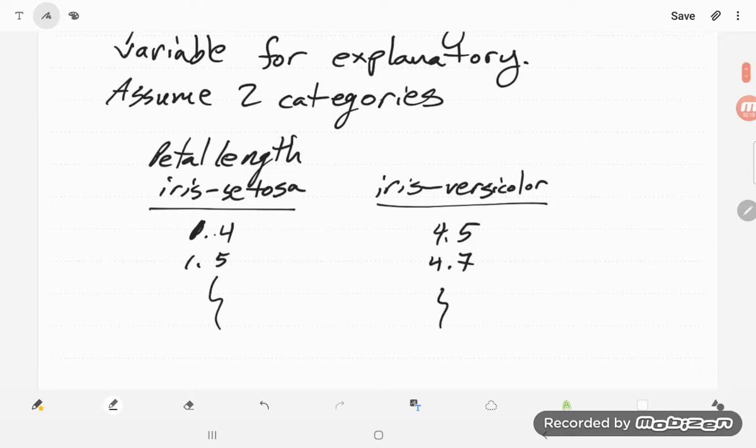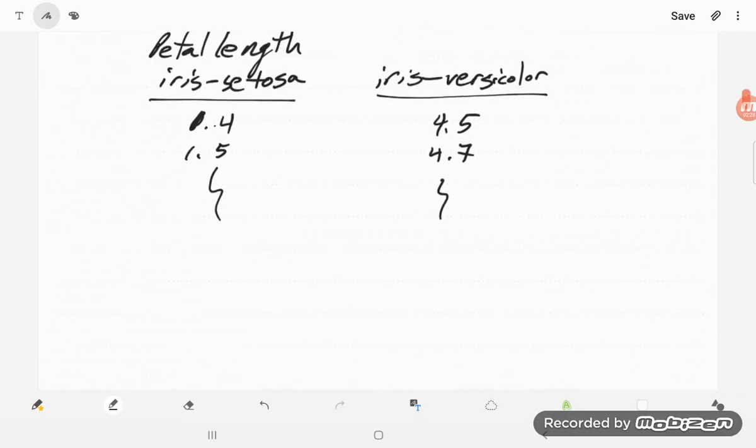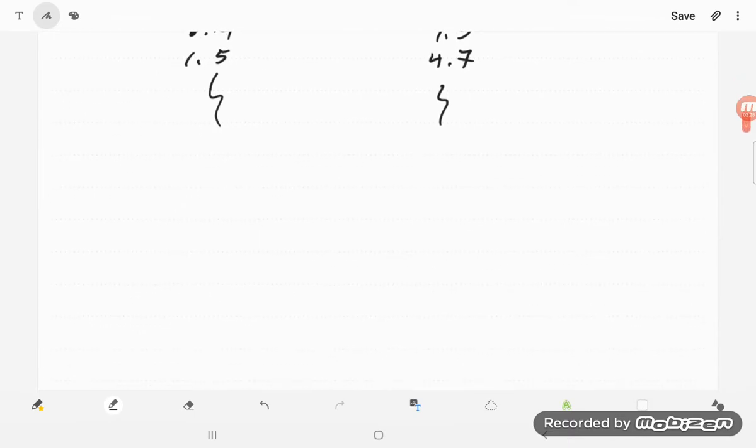Well, what we're going to do is actually, for a categorical variable of two levels, we're just going to have petal length as our y, but over here we're going to have, I guess, species.